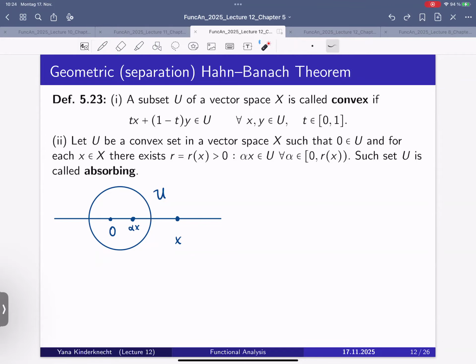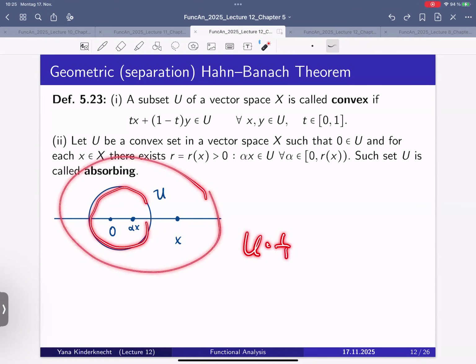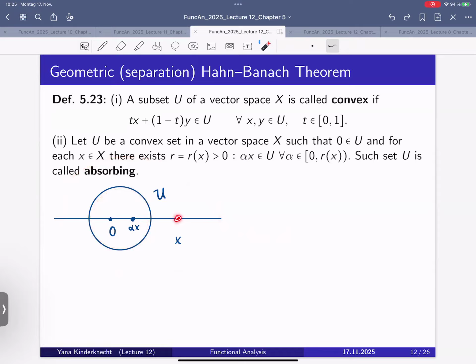That is, this means either we multiply x with small alpha to put it in U, or we multiply U with a sufficiently big number. So instead of U, we consider U times 1 over alpha, and this is a bigger set which absorbs the given point x. Okay, so such a set U as it is drawn in this picture is a nice absorbing set.